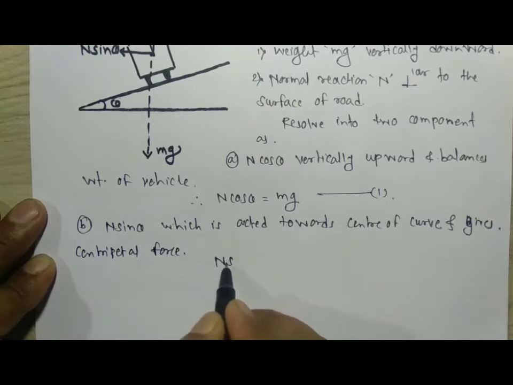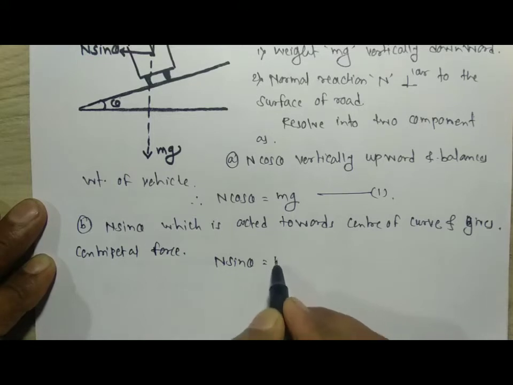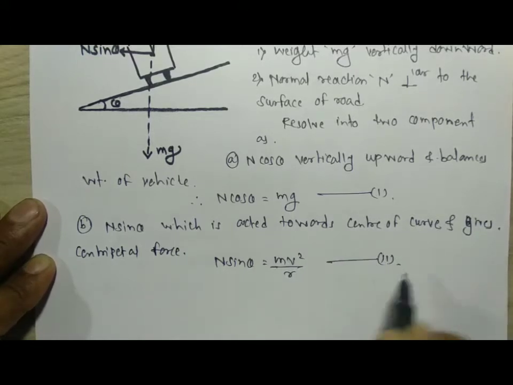Therefore N sin theta is equal to mv square divided by r. This is equation 2.